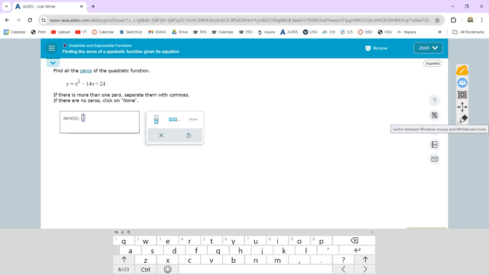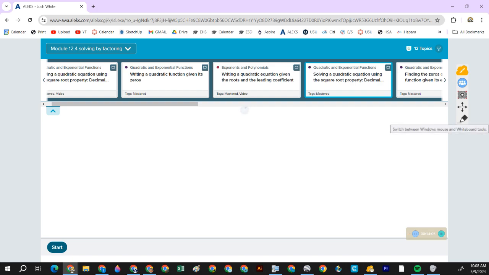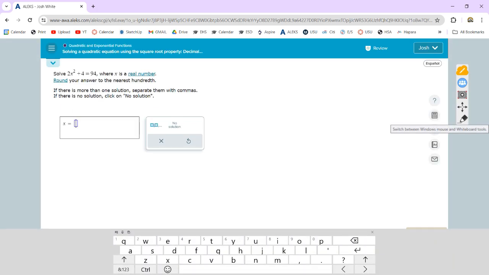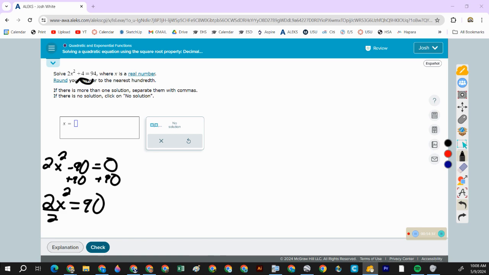Okay, same thing here. You're just going to factor. All right. This time we have no x term. So I could move this over and say 2x squared minus 90 equals 0. And you could figure out a way to factor that. But because there is only a single x in this, I'm going to add this to the other side and get 2x squared equals 90, and then divide it by 2.